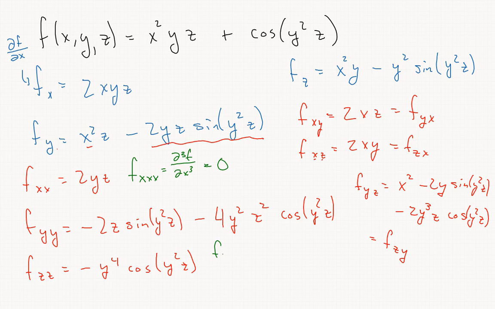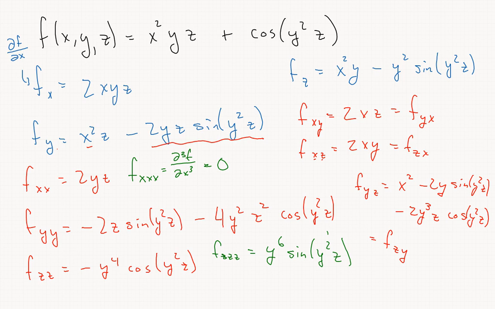Or fzzz, this will be y to the 6 sine y squared z.